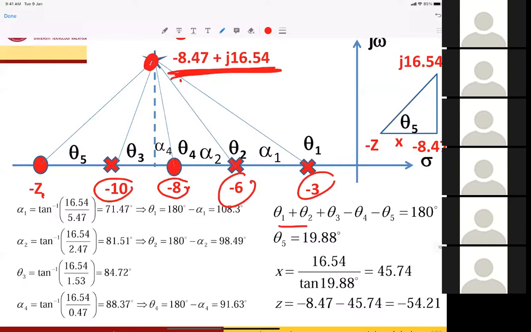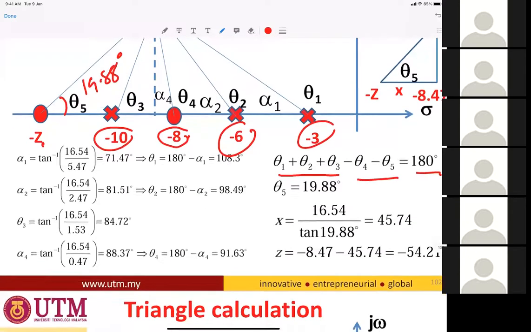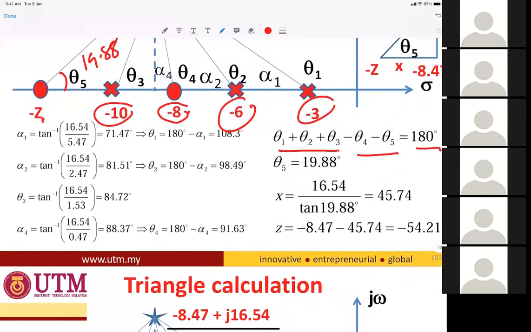So theta 1, theta 2, theta 3 are due to the poles, theta 4 and theta 5 due to the zeros, equal 180 degrees. So you get this zero angle at 19.88 degrees. So the new zero will be at minus 54.21 over there, after we calculate the theta and the alpha.